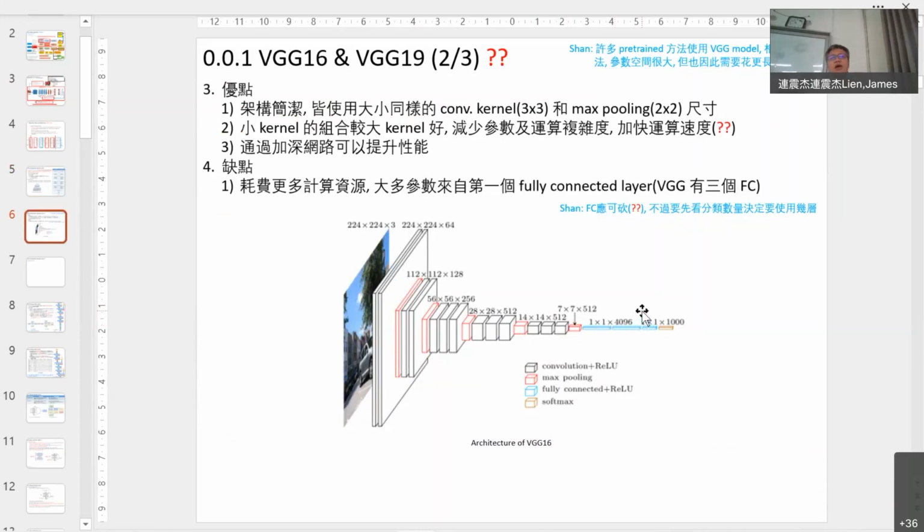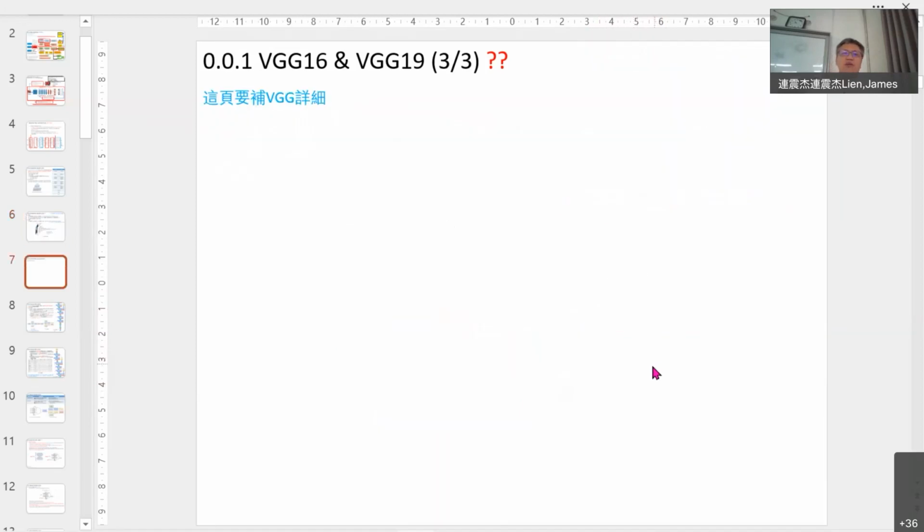Before VGG, they used a traditional neural network MLP with 3 layers, but ResNet only uses 1 layer. Before ResNet, people used more fully connected layers, or fully convolutional.